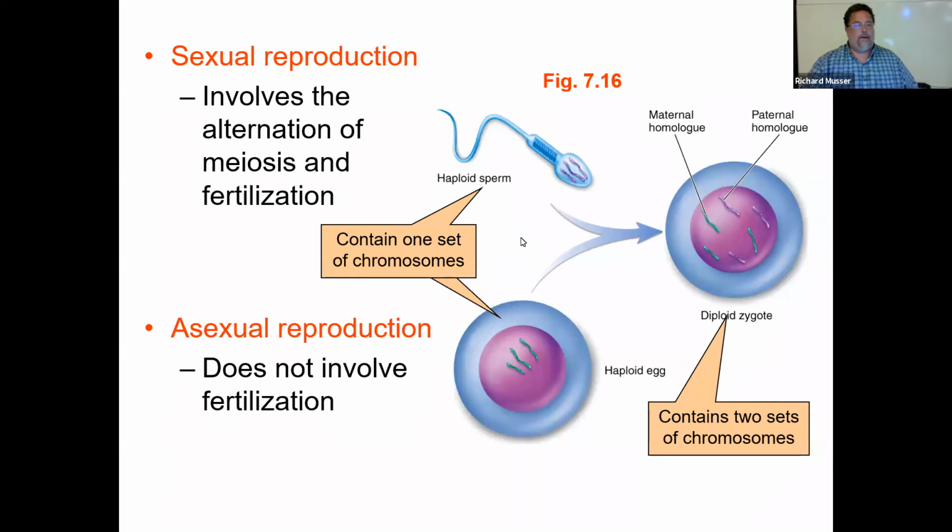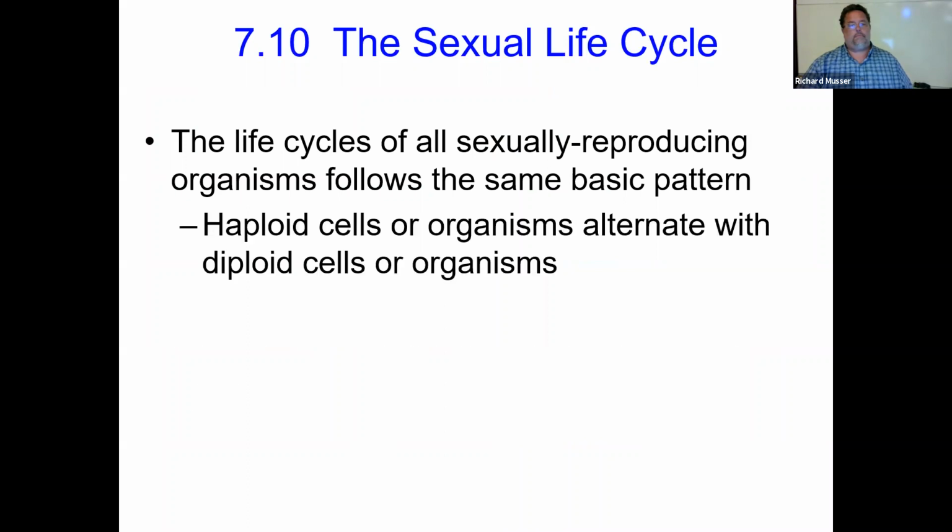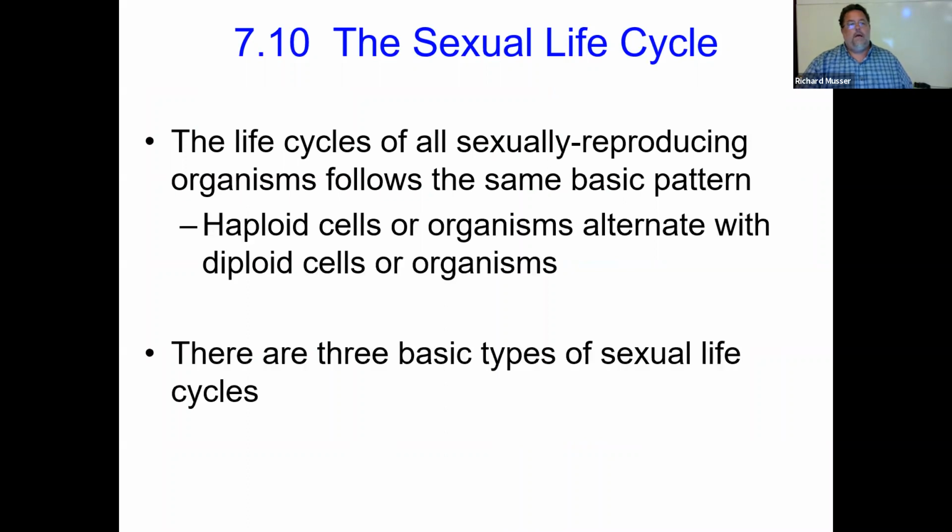Now, asexual reproduction wouldn't involve fertilization necessarily. The life cycles of all sexually reproducing organisms follows this basic pattern where you have haploid cells, and then organisms alternate with diploid cells or organisms, because you can actually have a haploid organism, where it kind of looks not like sperm or egg, but actually like in jellyfish, you can have a haploid organism.